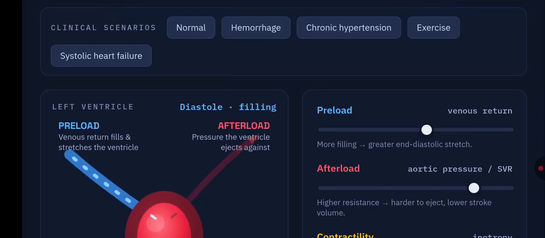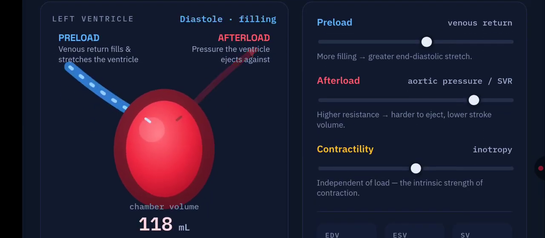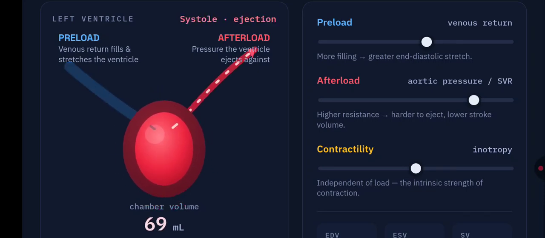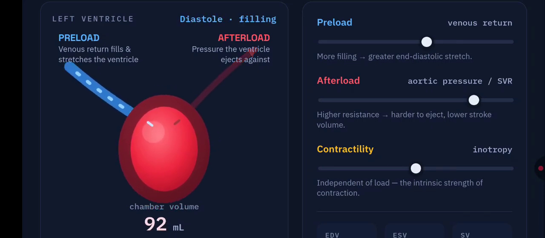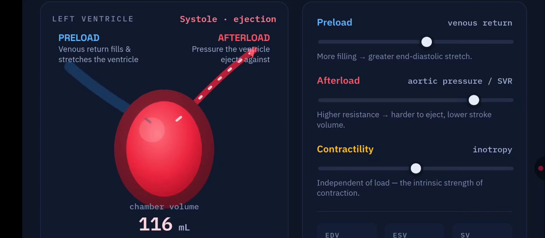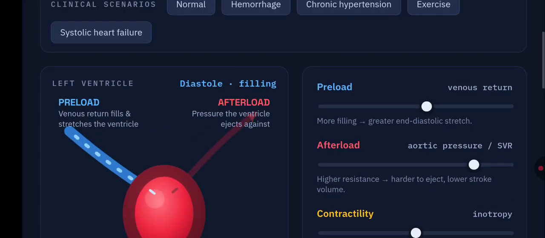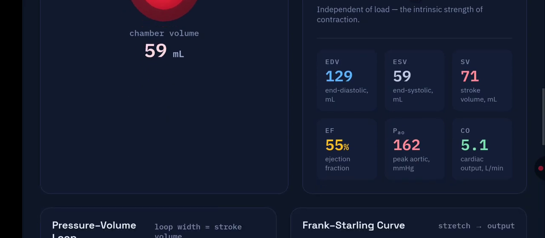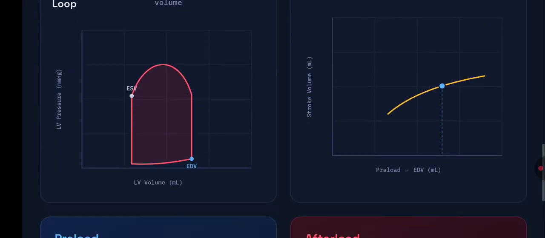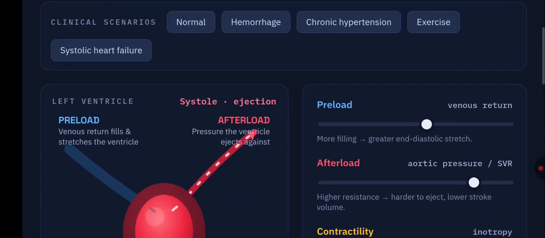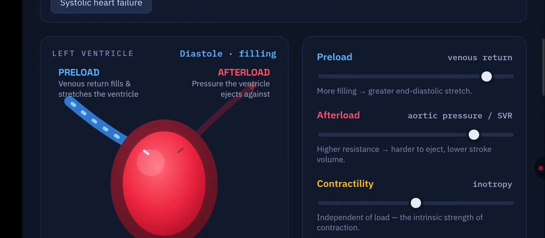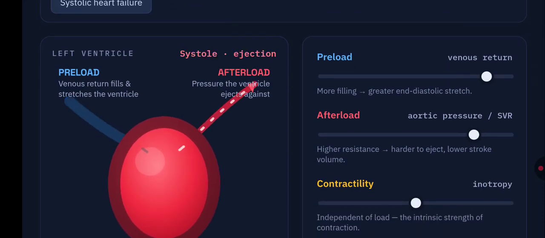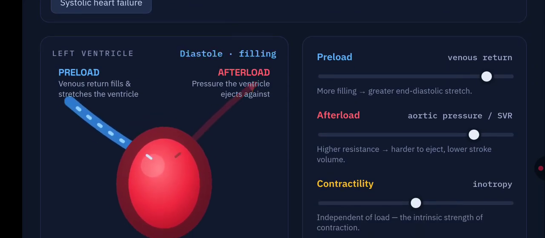In the case of chronic hypertension, you will find that the heart is filled with blood, but the pumping is more, the afterload is more. By knowing these terms, you will be able to differentiate easily the type of shock and also the condition of the heart. This will be more helpful in the chapter of cardiology.